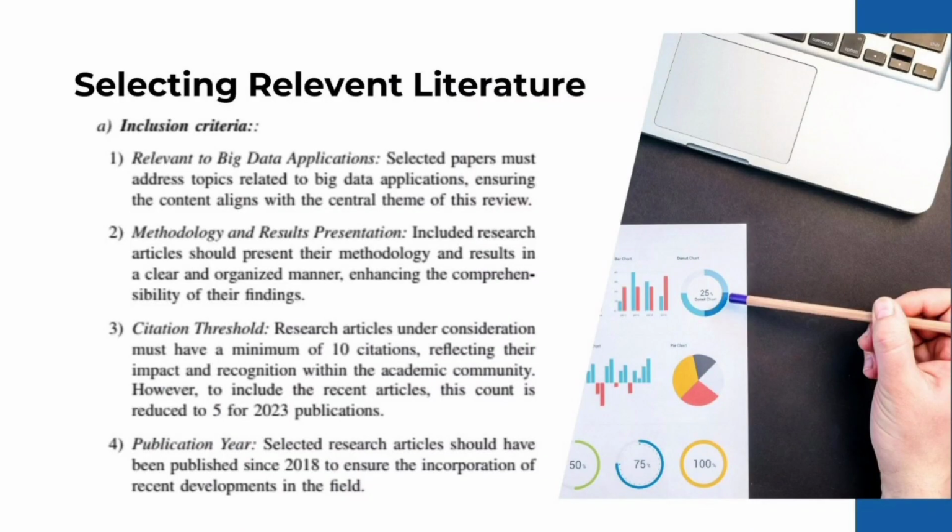So if there is any paper where the title and the abstract discuss the same keywords, but in the body the methodology is not presented well and the results are not presented in a good manner, then we exclude such papers.